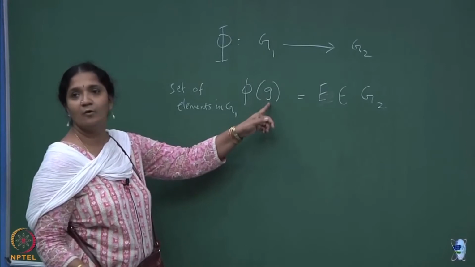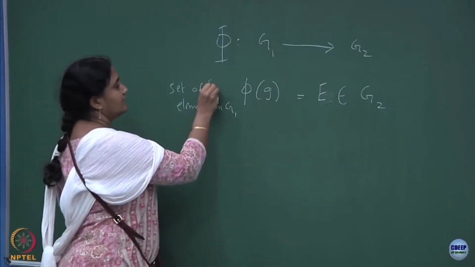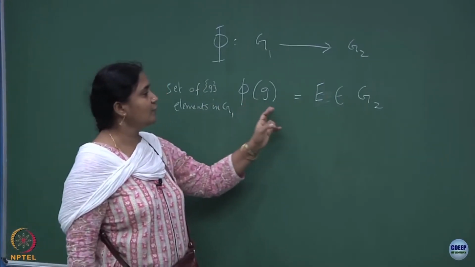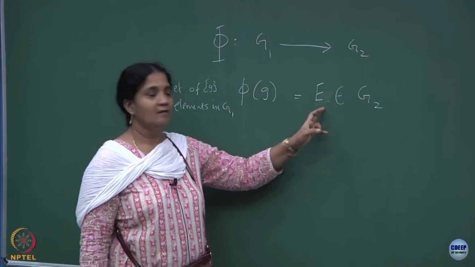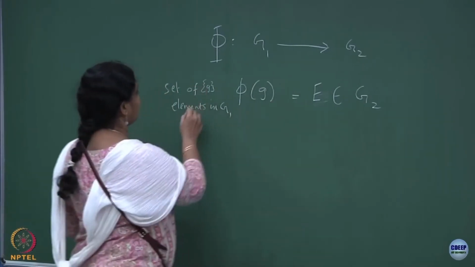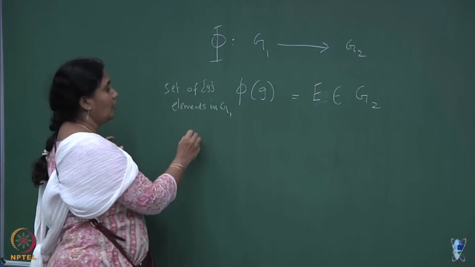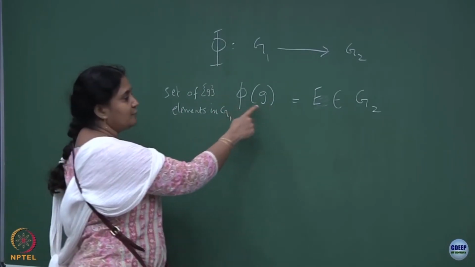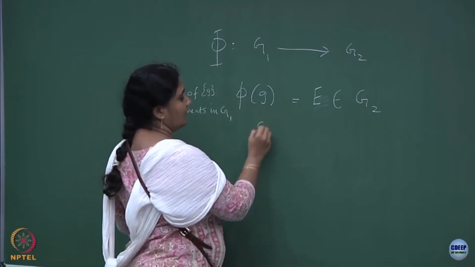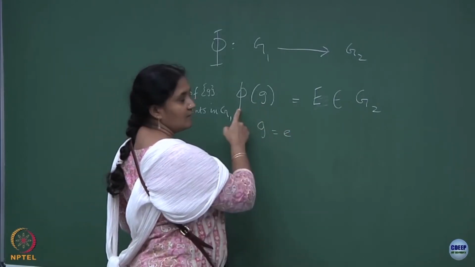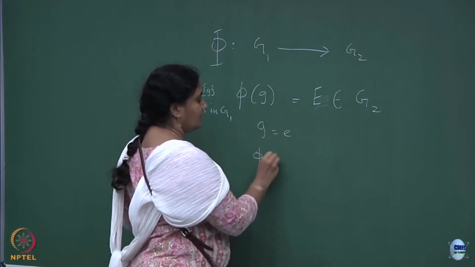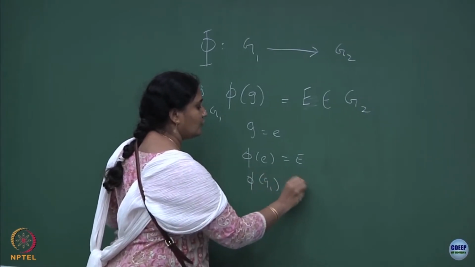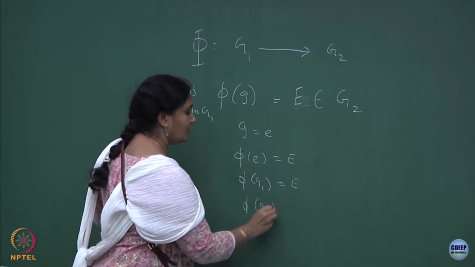So, there is a set of elements, let me call it as set G, which satisfies the condition that phi of G equal to E. Then the set will also include the identity element, because the map should be, so one of the elements will be G equal to E, which will also satisfy phi of E equal to E. You can have phi of G1 equal to E, phi of G2 equal to E.